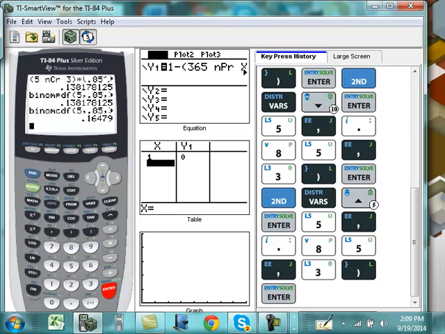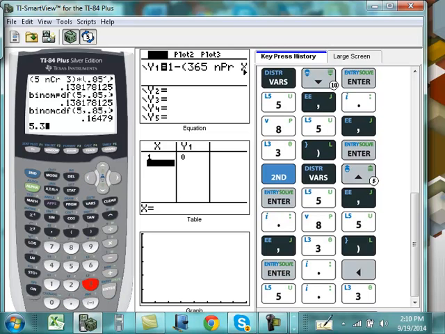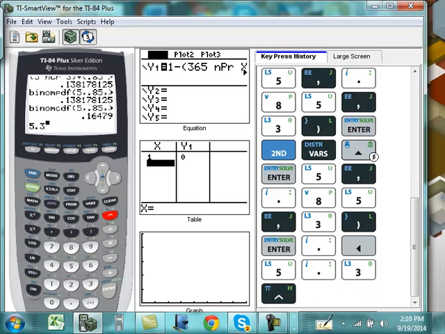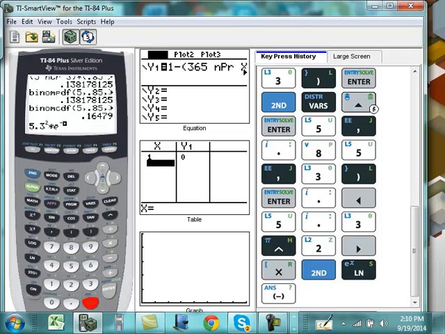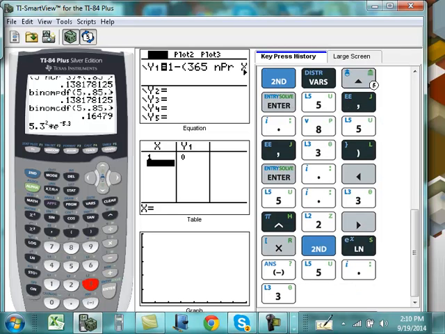Where you take mu raised to the x power, which for us was 5.3 raised to the second power, and then times e raised to the negative mu, so a negative 5.3 power. And then we're going to divide that by the number of successes factorial, 2 factorial in this case.